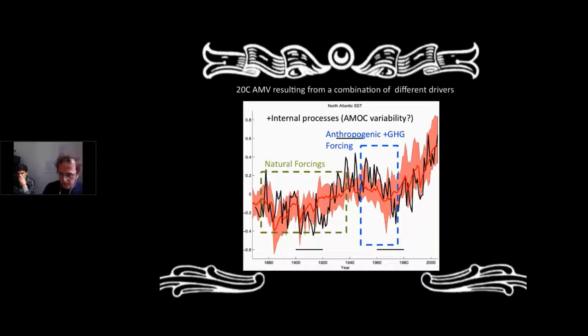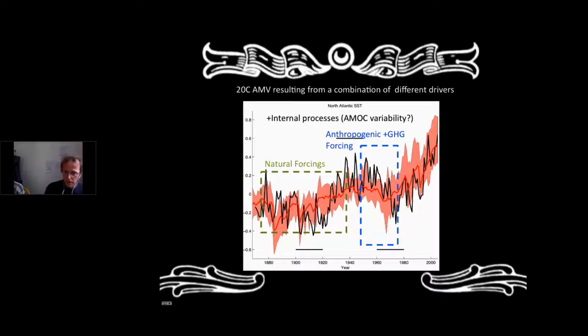According to our findings, the more recent half, the second half of the 20th century, was mainly affected by anthropogenic forcing, including both aerosols and greenhouse gases. But that doesn't rule out the involvement of natural forcing, for example during the first half of the 20th century, where from other studies we know that solar radiation might have been implicated in this growth of the sea surface temperature in the Atlantic.